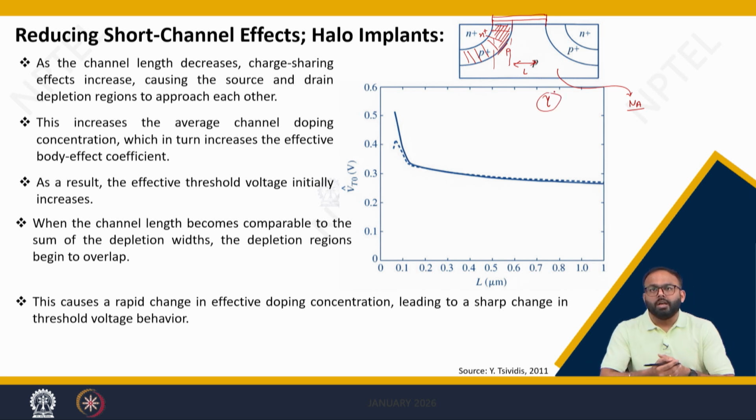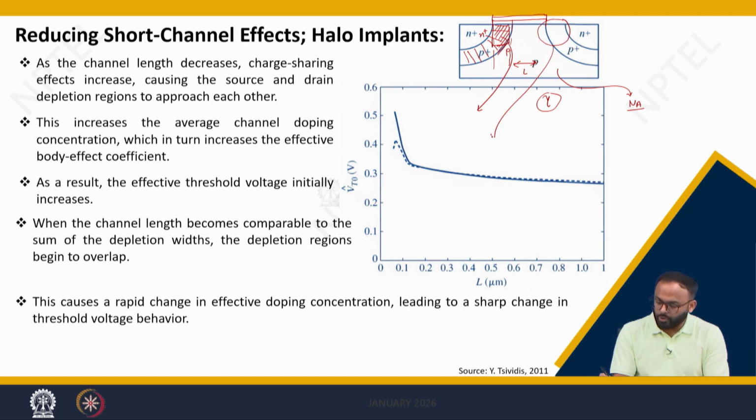Thus, what can be a possible solution? As we have discussed, the charge shared by the source and drain near the surface can be mitigated by providing some local doping here. That is what is called halo doping or halo implants.